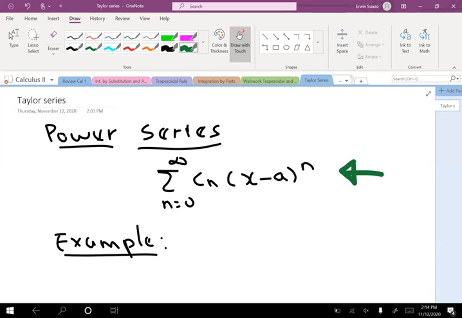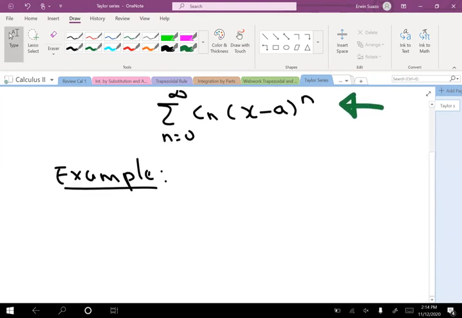And so the example, let's think about it. We have been saying these are functions if they pass the ratio test, in some interval.